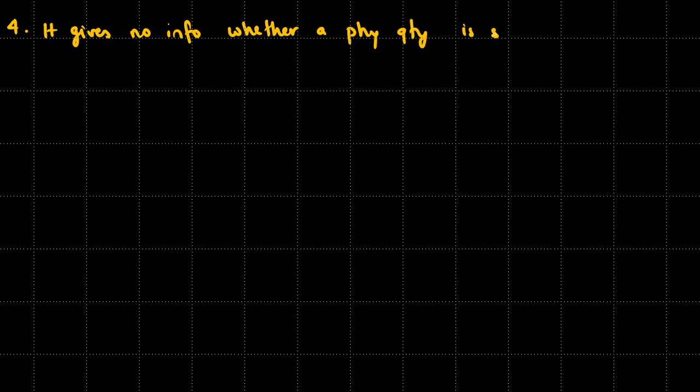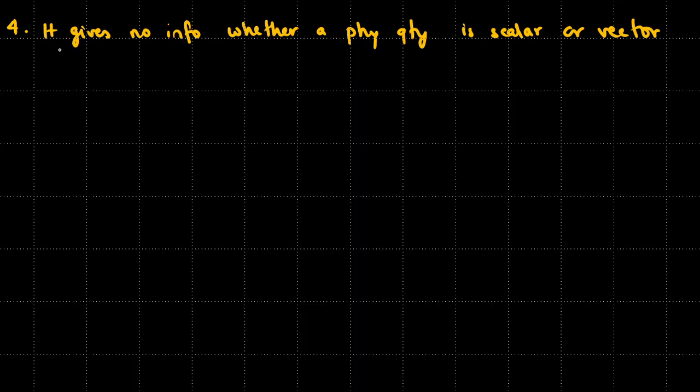So the next limitation is it gives no information whether a physical quantity is scalar or vector. So scalar does not have a direction, vector has a direction. That's basically it.